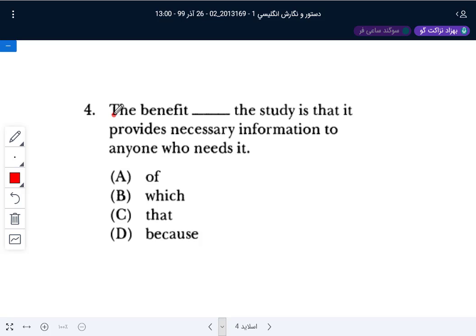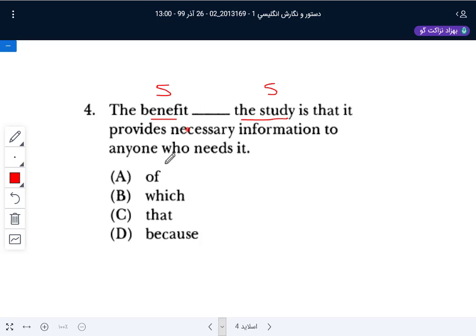However, in a main clause, we need subject and verb. There is a noun marker, benefit is the subject. Then the study. If I choose the study as the second subject, because there is a noun marker and study is a noun, it can be a subject, and I have another subject here.